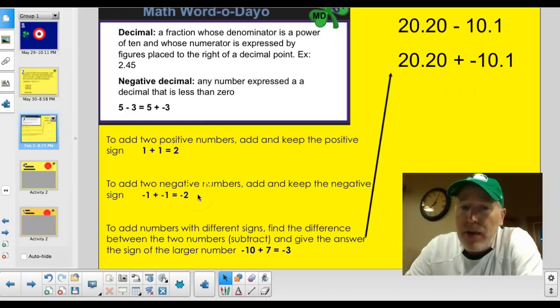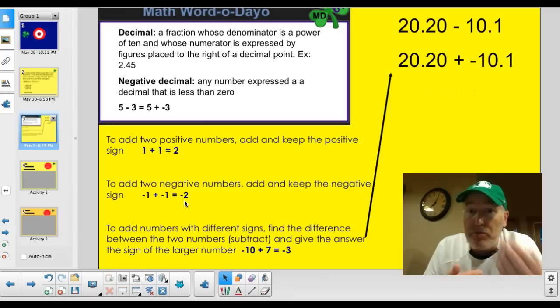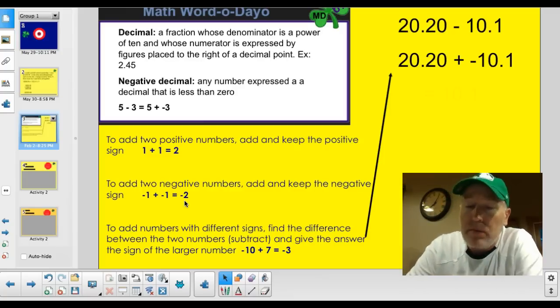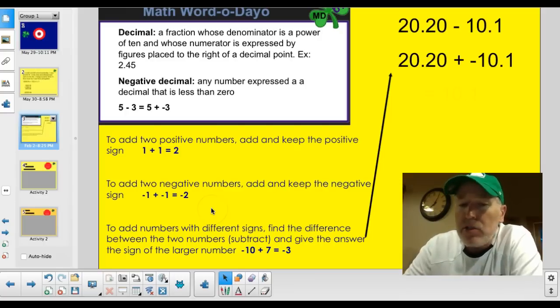Likewise, if you're going to add two negative numbers, like a negative 1 and a negative 1, that would be negative 2. Makes sense, right? Because I added two different negative numbers together to get my total MasterCard bill.